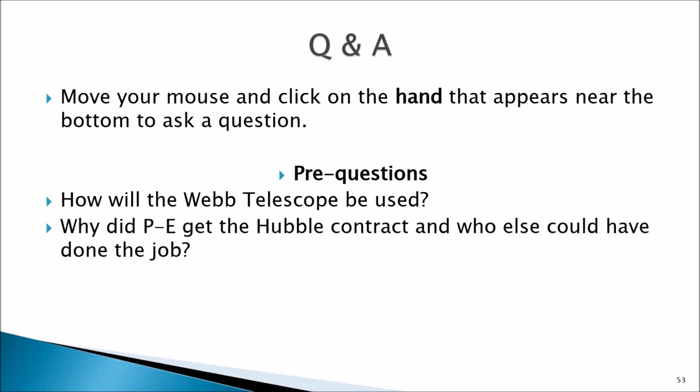Well, who was the competition? Turned out it was a place called Eastman Kodak. You may have heard their name. And they partnered with another company who was competing with Perkin-Elmer on a number of systems called iTech. And they actually got a part of the contract for the Hubble. They were contracted by NASA to build a backup primary mirror.